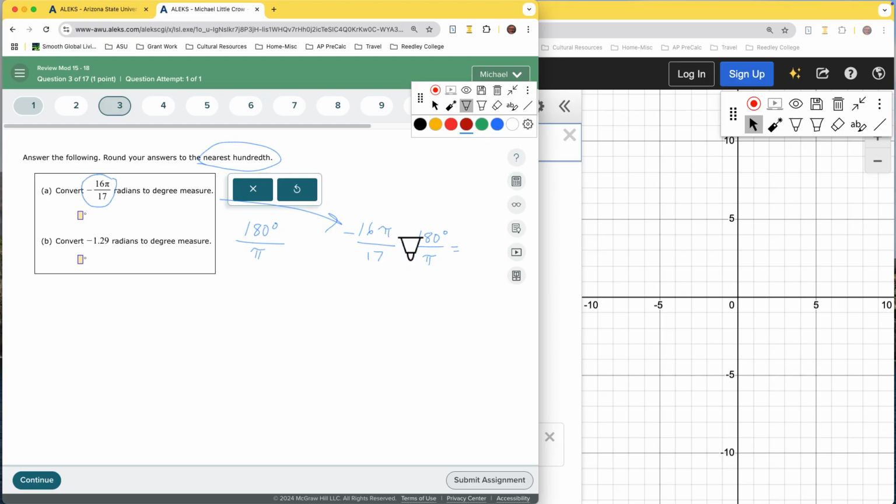So multiply the top and the bottom, but if there are common factors, we can divide out. So we can divide out the pi. Pi divided by pi is going to be 1. And so what we have is negative 16 times 180 degrees, carrying that unit with it, divided by 17. So we will plug the numbers into a calculator, and that will give us the number of degrees.